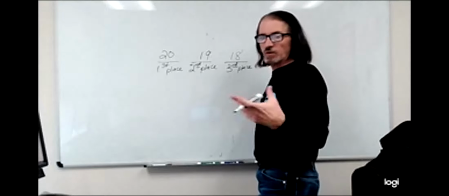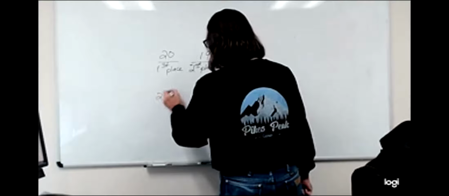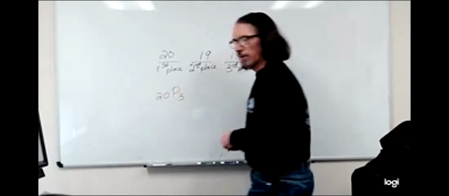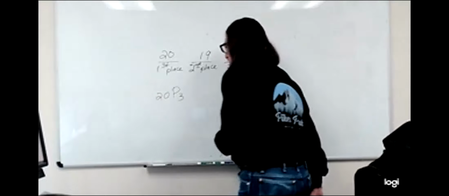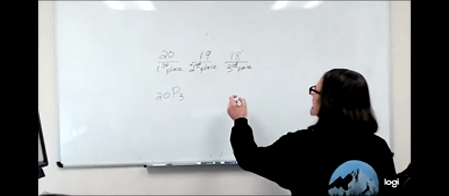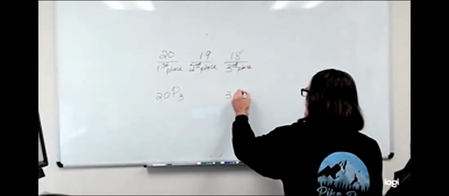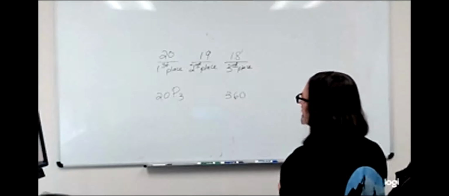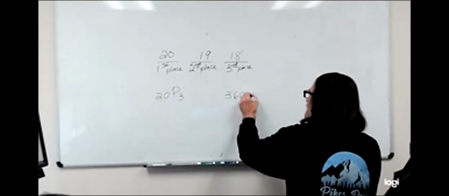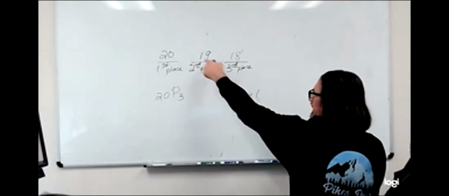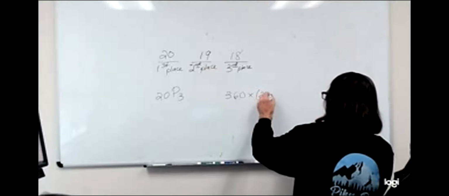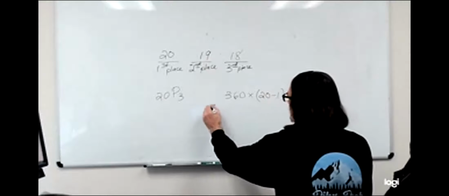Now I'm also going to type in 20p3 on the calculator to see what we get. But let's see, 20 times 18, 2 times 18 is 36, so 20 times 18 is 360. Multiplying it by the 19 in the middle would be the same as multiplying it by 20 minus 1.